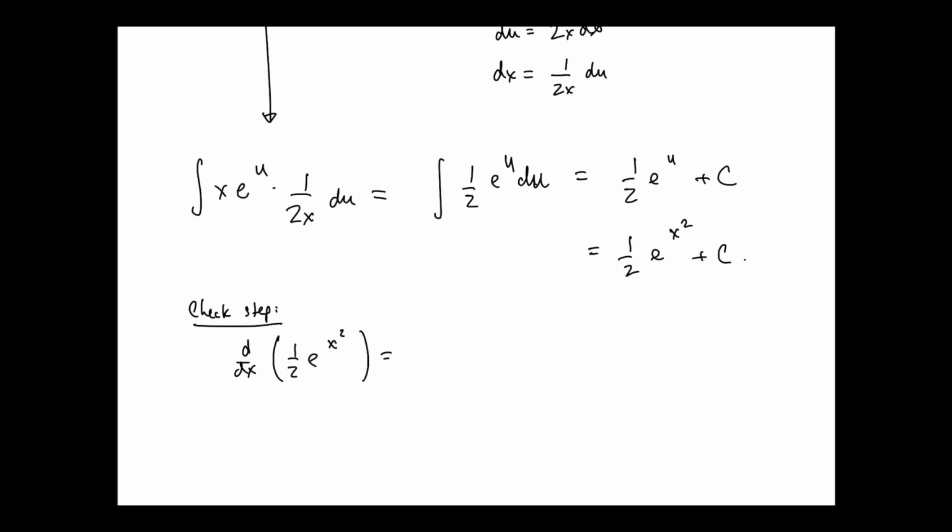All right, so what did you guys get? The derivative of 1/2 e to the x squared is 1/2 e to the x squared times, because of the chain rule, 2x. The 2's cancel, and we're back to where we started. So good, we did it. We double checked it. It worked. Everything's fine. So does this kind of make sense?